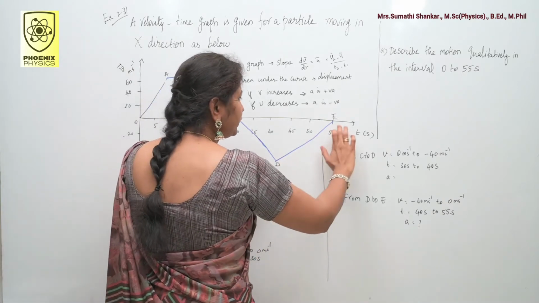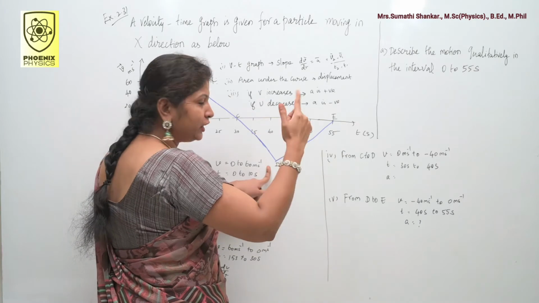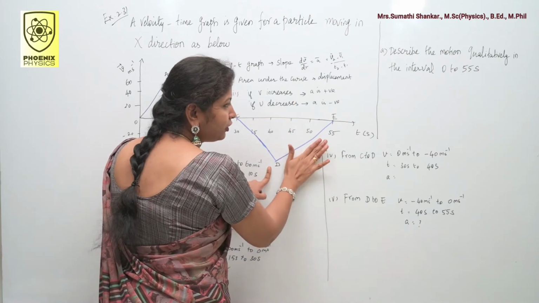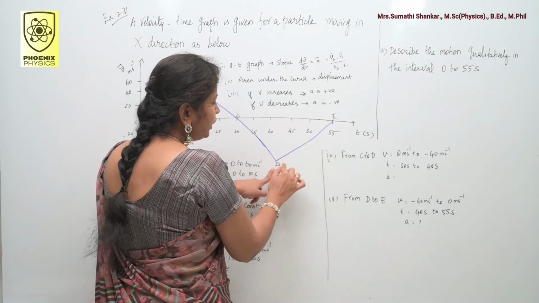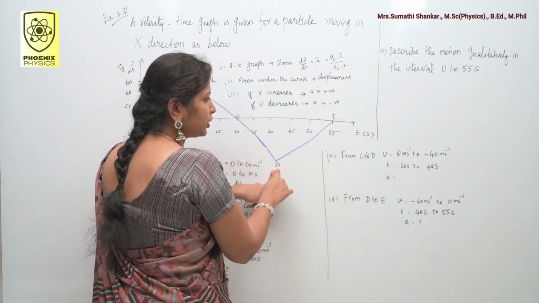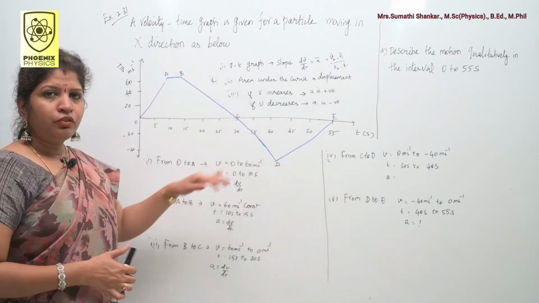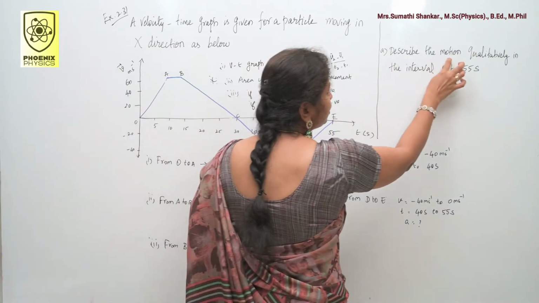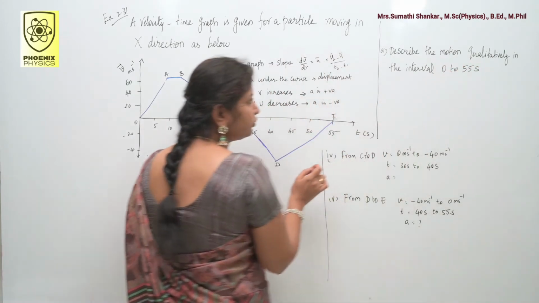From D to E, the particle's velocity starts to increase in the negative x direction. So this is our negative x direction, right? So from minus 40 meter second minus 1 to 0 meter second minus 1. Up to this clear?